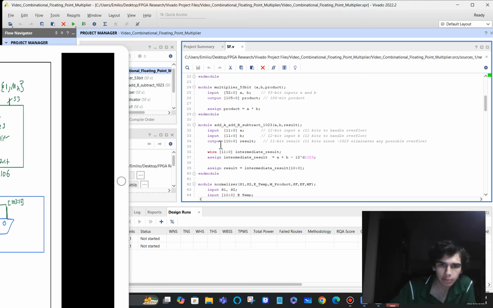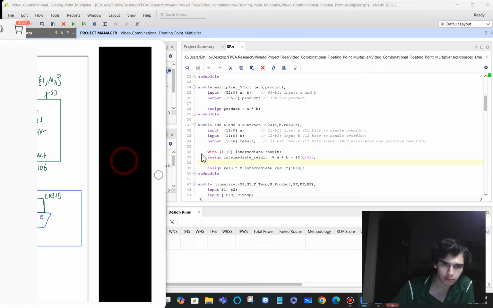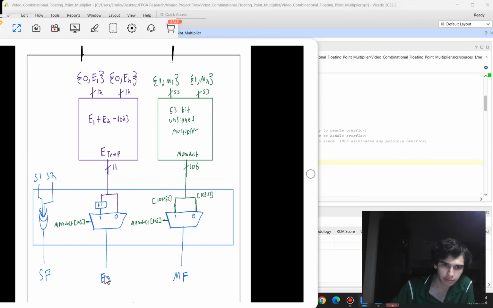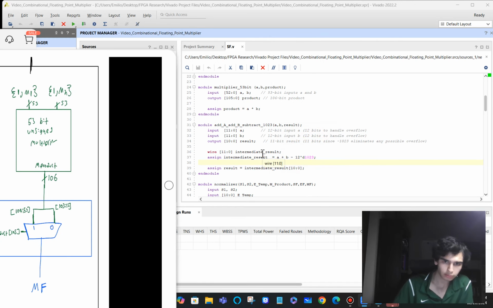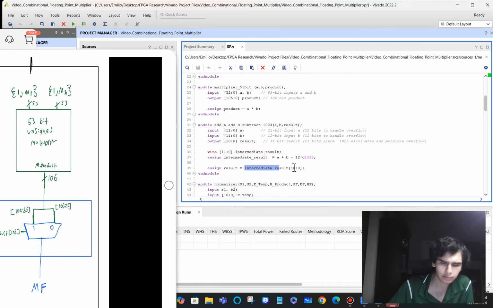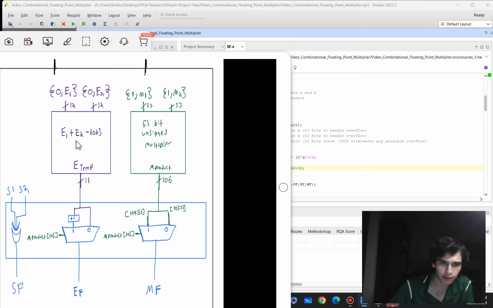And it's going to be, remember, the formula EA plus EB minus 1023. So when you do that, you get this intermediate result. And then there needs to be 11 bits because there's only 11 bits for floating point. So that's why we assign that to this. So that's already this module and this module. Now let's go over this one.